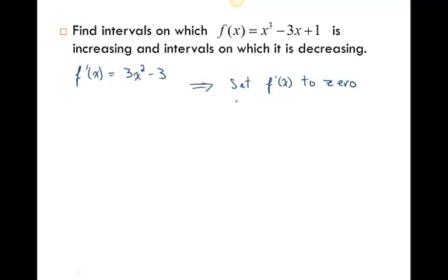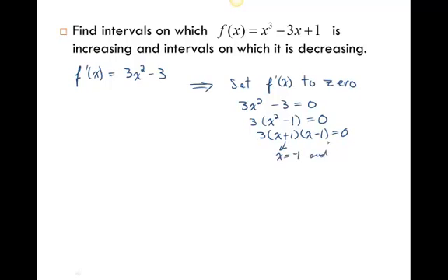So 3x squared minus 3 equals 0. I'm going to solve this by factoring, so we get 3 times x squared minus 1 is equal to 0, and that's just the difference of squares. I'm going to factor that into x plus 1 times x minus 1. That's equal to 0. And then set each factor equal to 0, so from this factor we're going to get x is equal to negative 1.